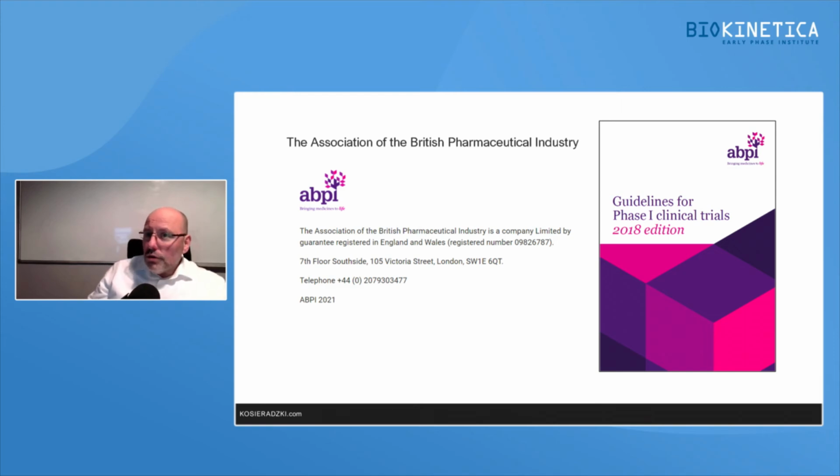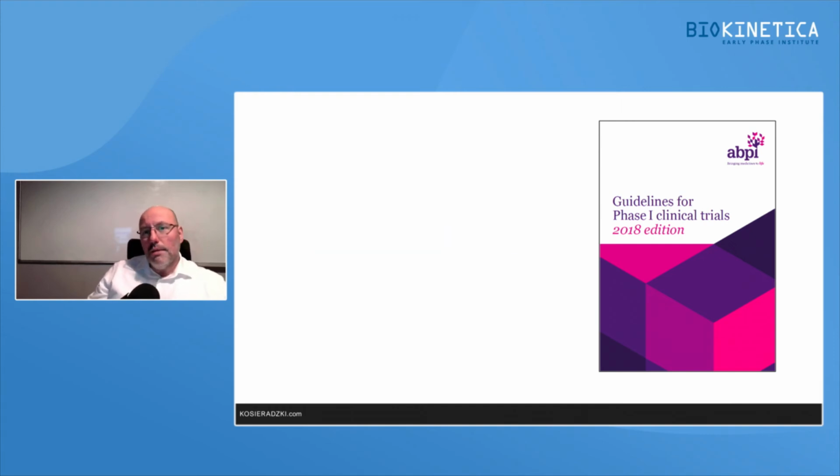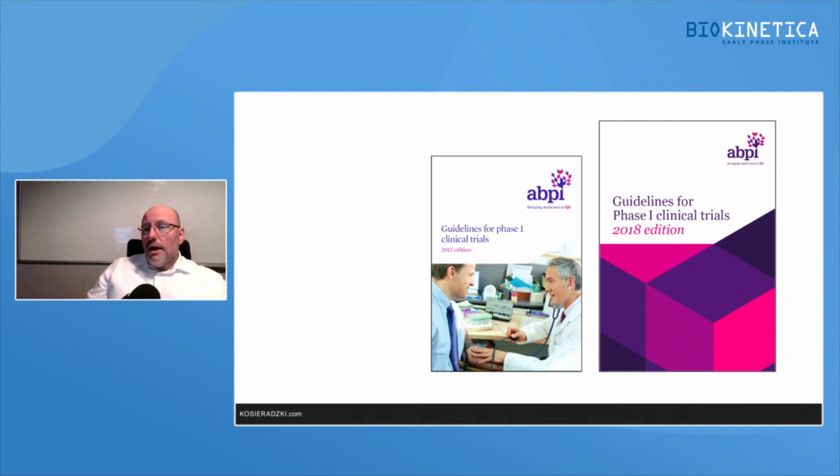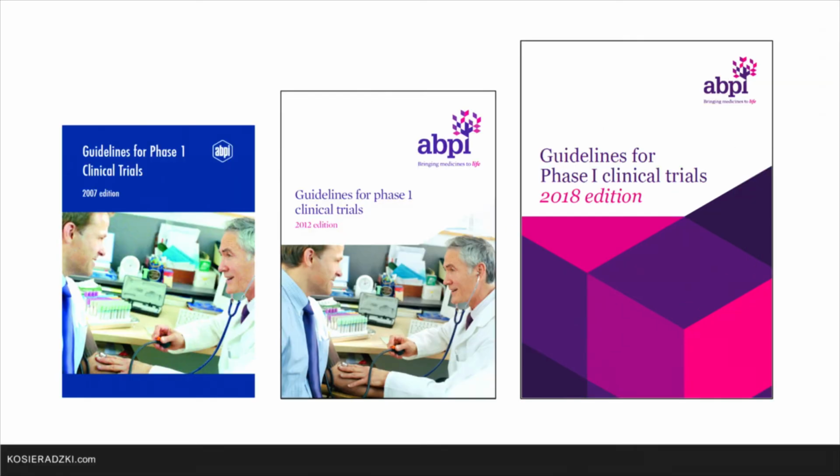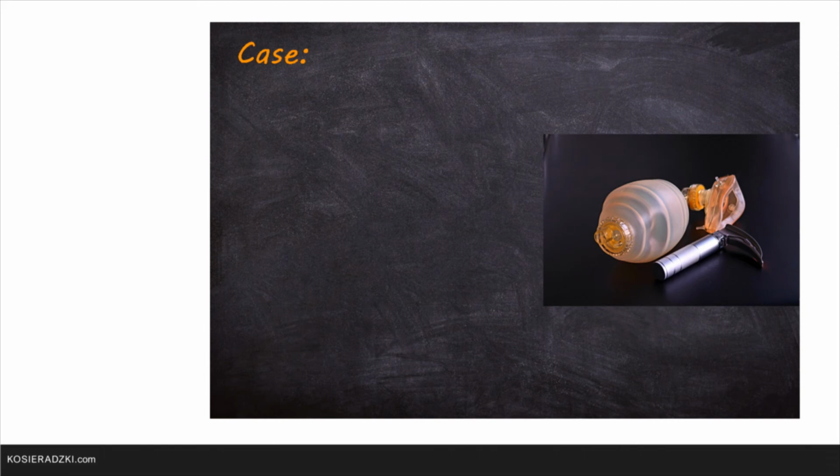What you can do as a sponsor, for example, or a CRO contracting this type of unit, I will tell you at the end of this presentation. This is the third edition of these guidelines. They are not very different from each other. There are some differences, but they all cover all elements related to phase one requirements.